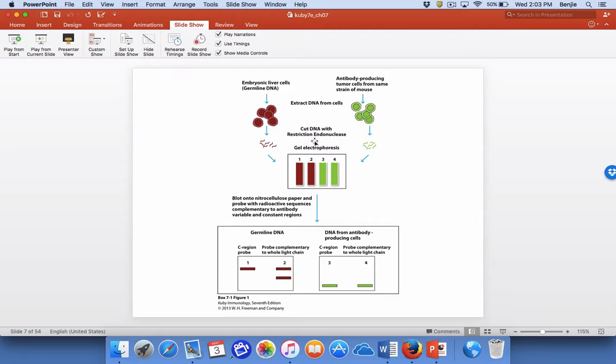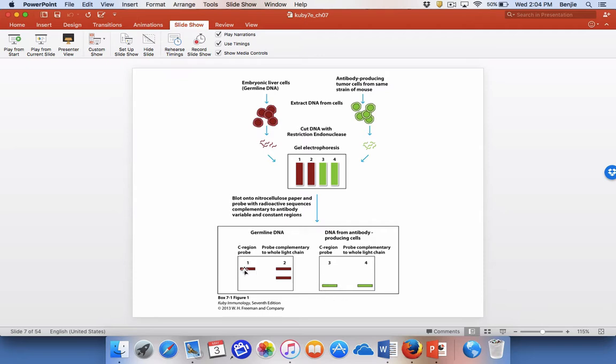So they cut the DNA with restriction endonucleases and ran it on gel electrophoresis. If they blotted it with a C region probe, they only found one binding site. With DNA from the antibody producing cells, they found another one, but notice it's much further down on here.